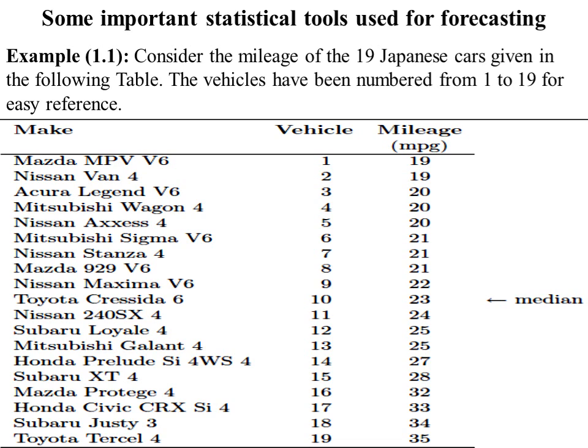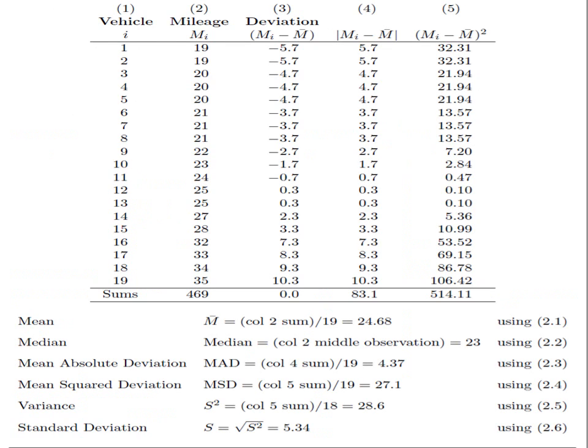So we said summation of yi from 1 to 19, or to n. Here the mean is equal to 469 over 19.